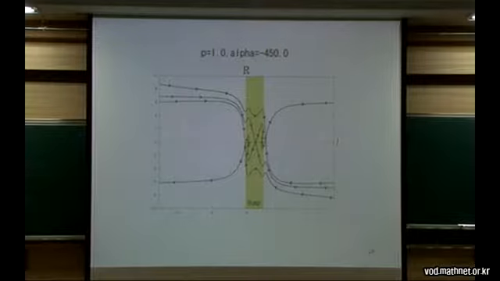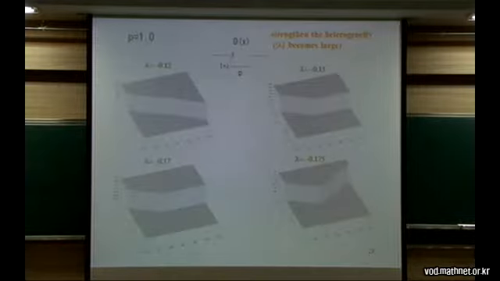Next, P equals 1.0. In this case, there is no stable focus, and this becomes unstable like this. Here are the stable and unstable manifolds, and this is a bump region. When we try the numerical simulation, we got 4 types: passage, blocked, reflection type 2.